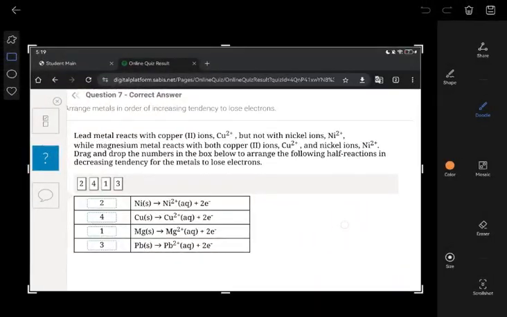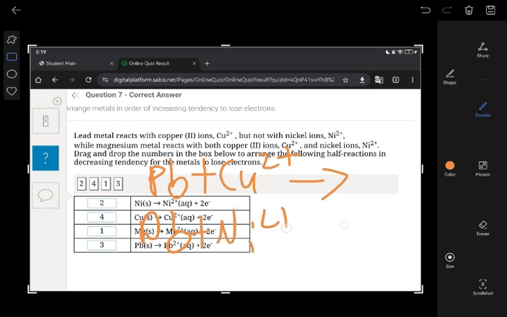So look, lead reacts with copper ions but not nickel ions. That means Pb plus Cu2+ works, but Pb plus Ni2+ doesn't. So that means that nickel is more likely to lose than lead.